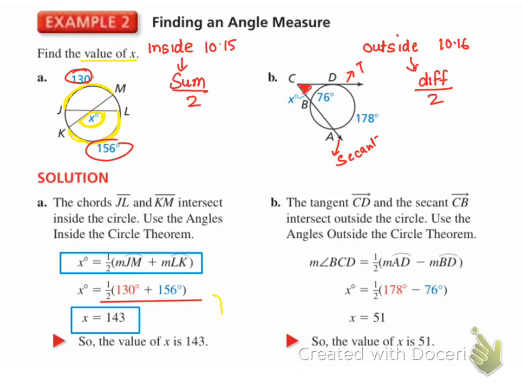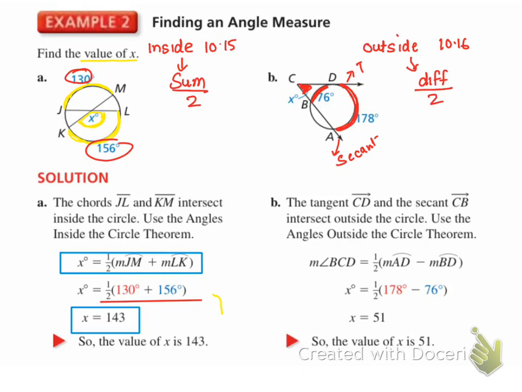For this angle, just look at this arc and this arc. How do I know it's intercepted? It lies inside the angle area. I won't consider this one, so we just consider this one and this one. So it's 178 minus 76, which is given here.